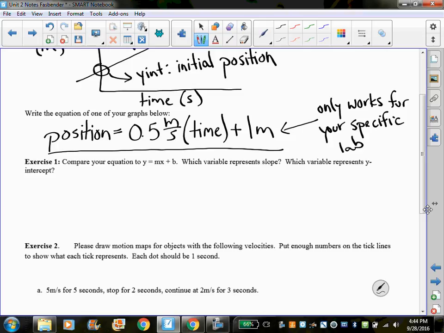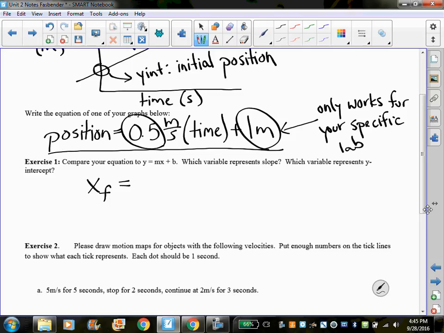So what we need to do is come up with a way to generalize this equation. Instead of using specific values, we want to have a general thing that would allow us to use that equation for any situation at any time. So let's rewrite that equation from your lab using nothing but general terms. For position, we're going to write the final position.